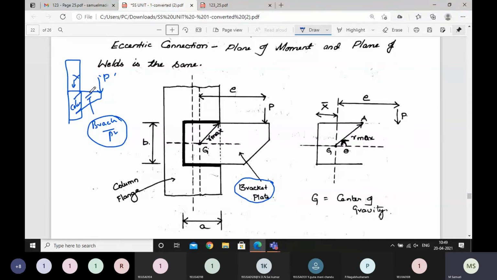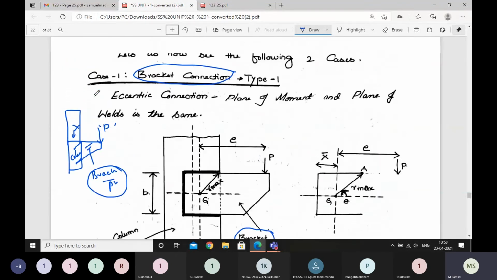You can do it with bolts, rivets, and more importantly, you can do it with weld also. As I told you, in this syllabus, in your unit, we are concentrating on welded connections. Therefore, we are going to see the design of fillet weld and butt weld between this member and this bracket.